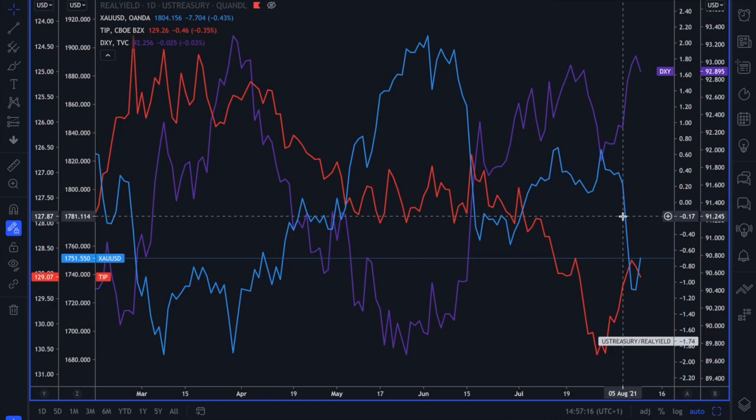Firstly, the movement of real yields, secondly, the movement of the dollar, thirdly, expectations on the Federal Reserve's taper timing. So by keeping those three balls in the air, as it were, and recognizing which one is moving, that will help you identify the next near-term direction in gold.